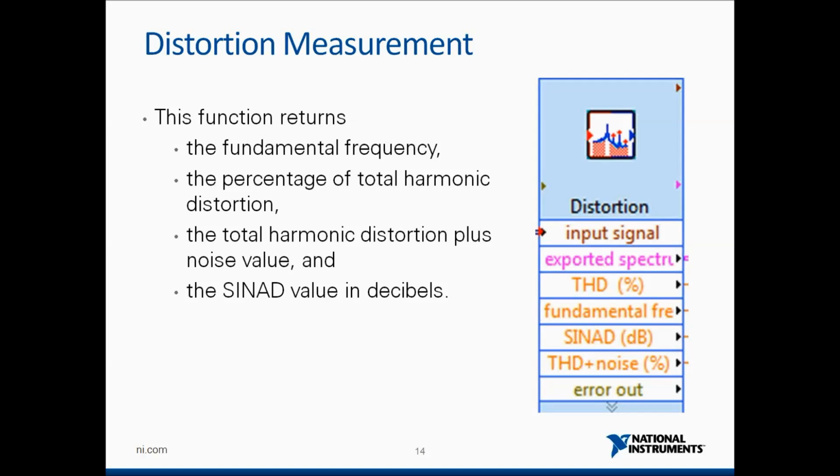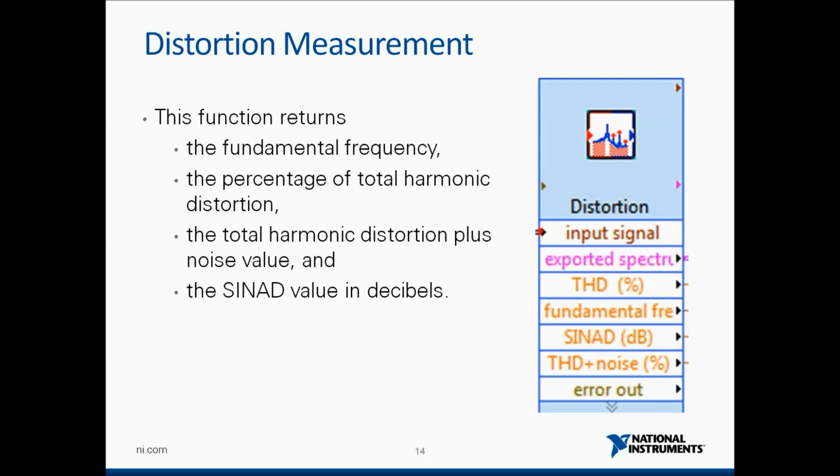The last Express VI that we're going to see today is the distortion measurement VI. There are a lot of concepts in this. As in the previous slides, I talked about harmonics of a fundamental frequency, right? This VI basically deals with that. If you give an input time domain signal, this VI will convert it into a frequency domain signal, and then calculate various parameters which are related to harmonics.